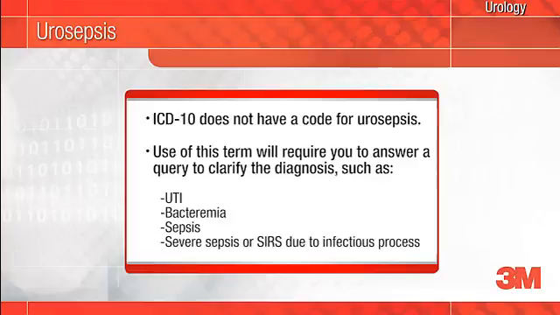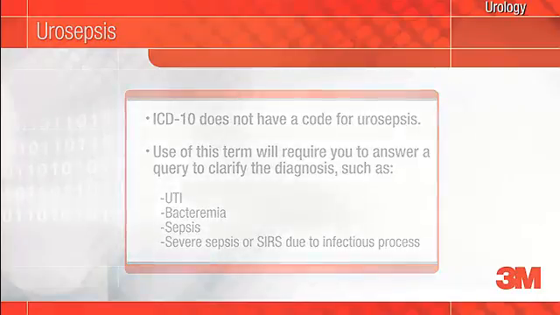If you record a diagnosis of urosepsis in the ICD-10 environment, it will generate a query asking you for clarification. If by using the term urosepsis, you mean the patient has a UTI, then document UTI. If you mean the patient has septicemia from a urinary source, make sure to document this. For example, E. coli sepsis due to UTI.